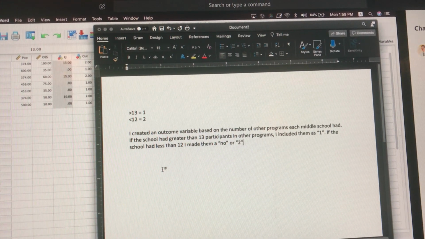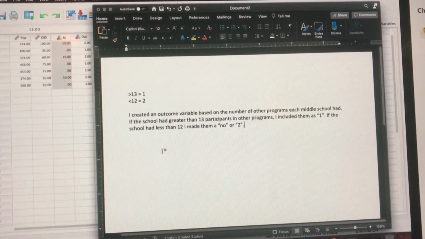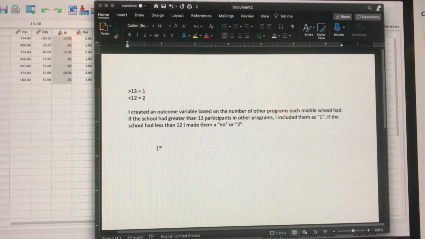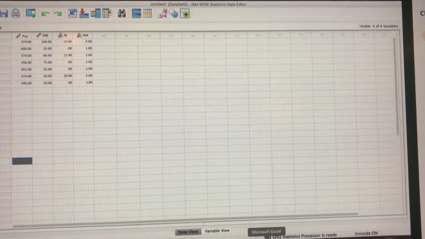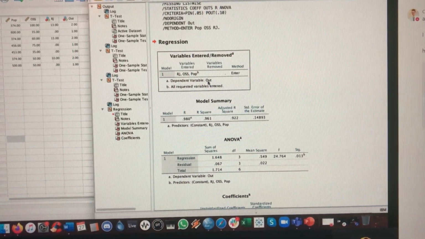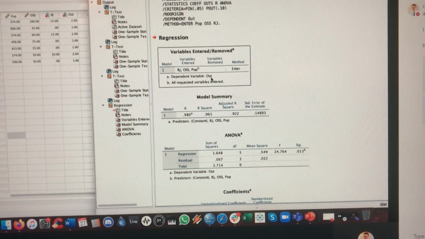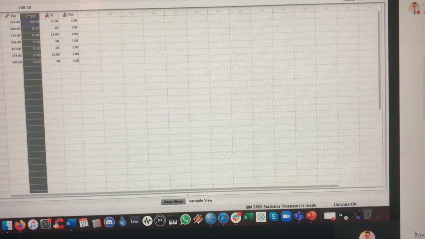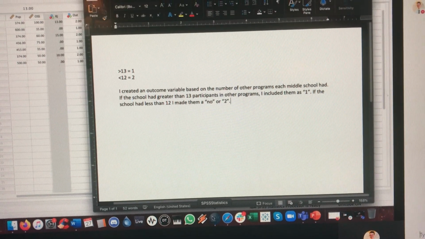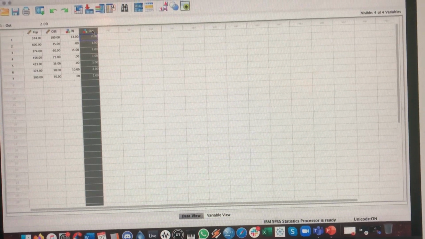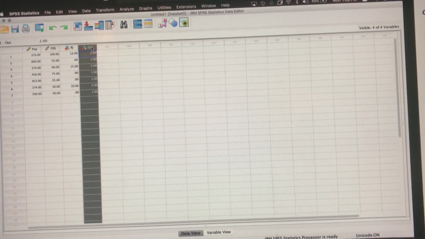Now, is this because you're testing just to an effect, basically? Yeah, exactly. It's that predictor. Let me go back here. So you're testing how well these variables, population, OSS, and RJ, predicted the outcome of whether they kept or whether they threw the program away.